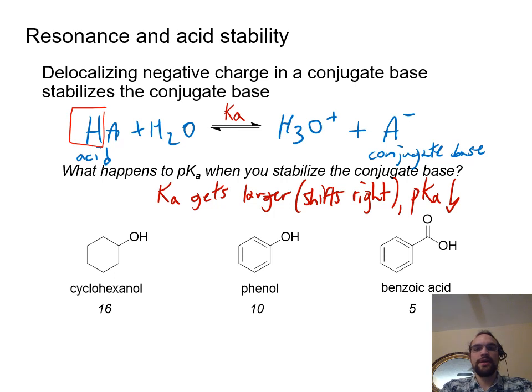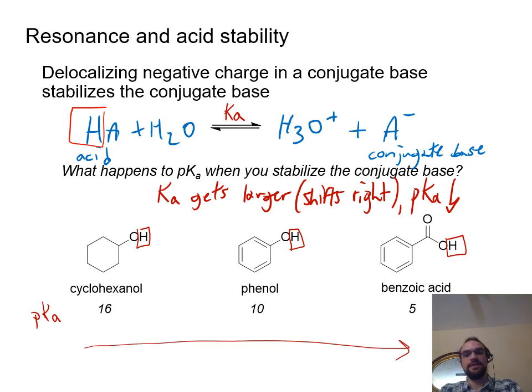So if we compare three compounds, cyclohexanol, phenol, and benzoic acid, and we look at the pKa values for each of these, we see that going from cyclohexanol to phenol and benzoic acid, pKa is decreasing, which means increasing acid strength.